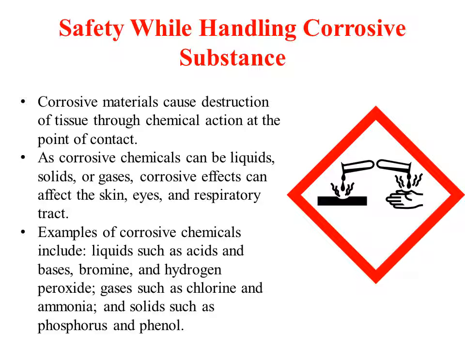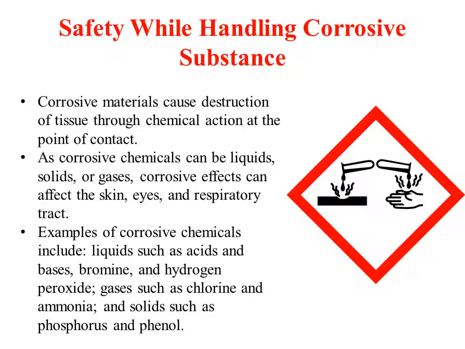at any cost. So when we say corrosive chemicals, it can be in the form of liquid, solids or gases, and it can affect the skin, eyes and respiratory tracts. Some examples of corrosive chemicals include liquids such as acids, bases, bromine, hydrogen, and if we come to the gases, such as chlorine, ammonia, and in case of solids we have phosphorus and phenol.